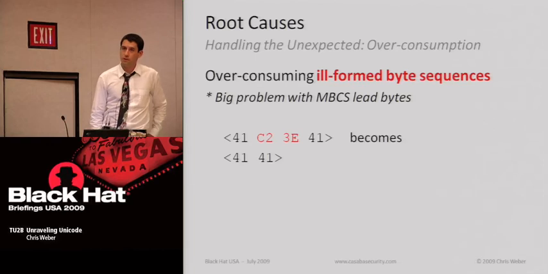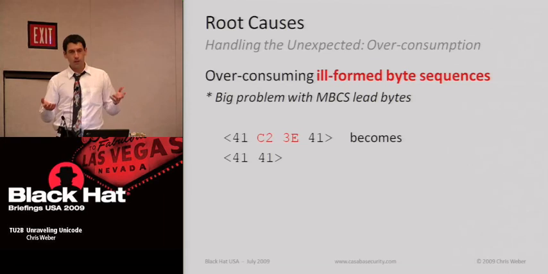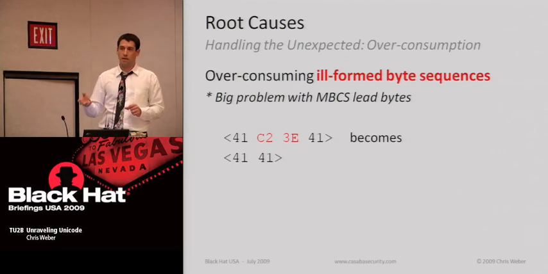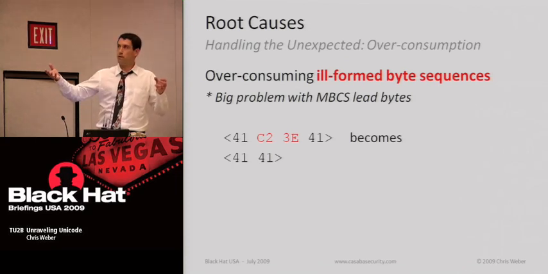So what happens is you get an ill-formed byte sequence, because UTF-8 is a multi-byte sequence, which means when you get a character that's 2 bytes long, the lead byte actually tells the parser how many bytes to expect, and the following trailing byte should be a valid byte in a valid range. So what happens if the trailing byte is not a valid byte in the valid range? Then you got an ill-formed sequence. You got this lead byte hanging out here with no trailing byte to follow it.